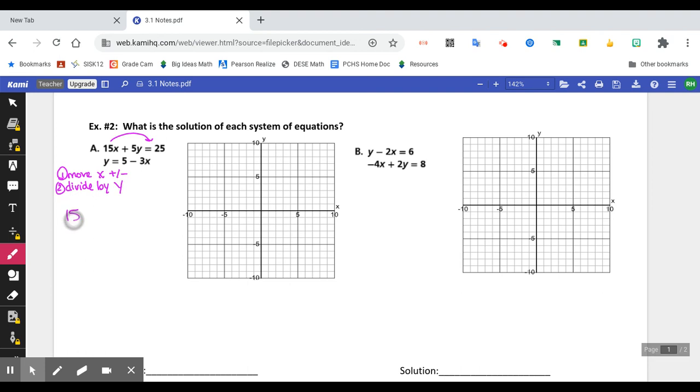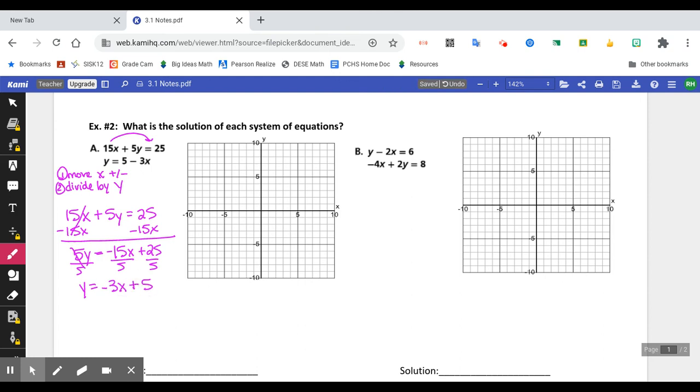Okay, so I've got 15x plus 5y equals 25. I'm going to move x over by subtracting. I have 5y equals, we're going to put x first, so negative 15x plus 25, and then divide by 5 all the way across. So y equals negative 3x plus 5.